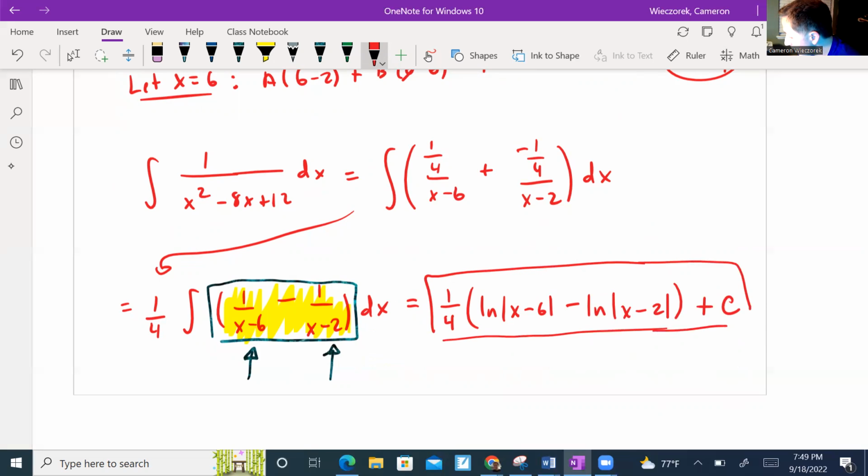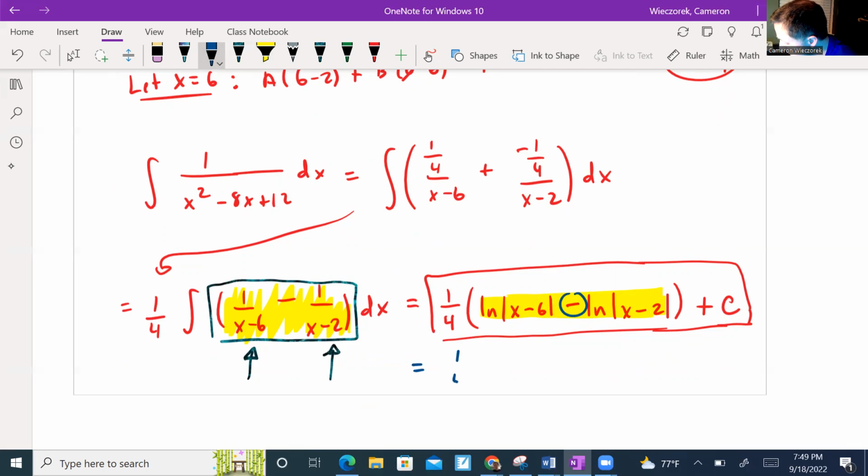For those of you who are in AP Calc BC, the College Board might have some multiple choice questions where it is not left in this format. So you should be able to look at the portion of this answer that deals with the natural logarithms and realize, oh, subtraction of logs would switch to division.